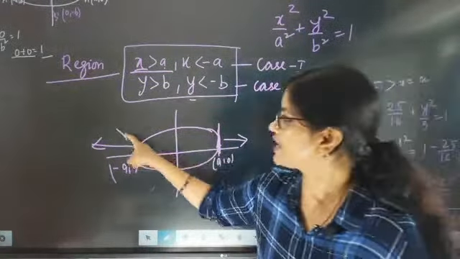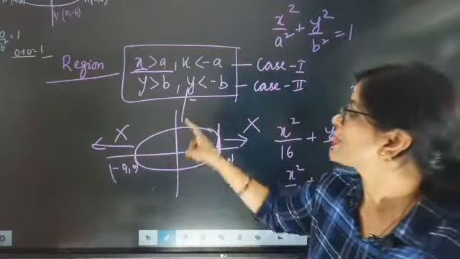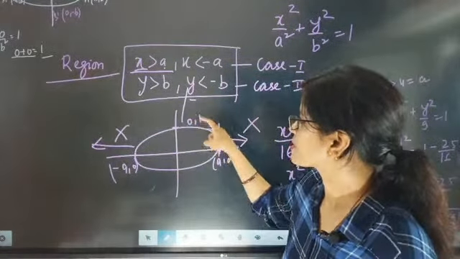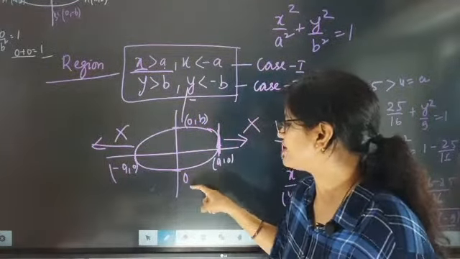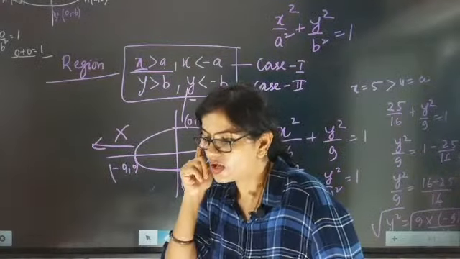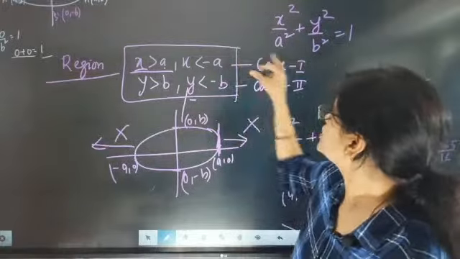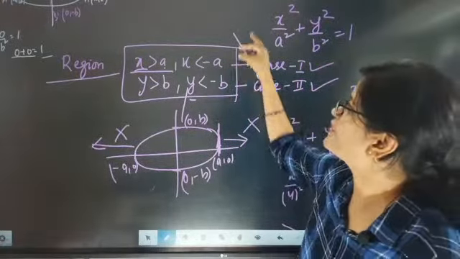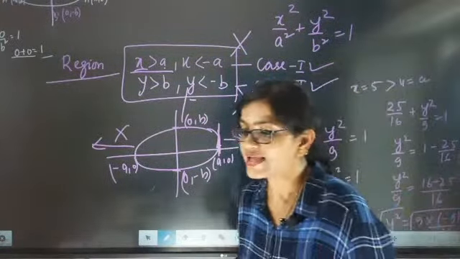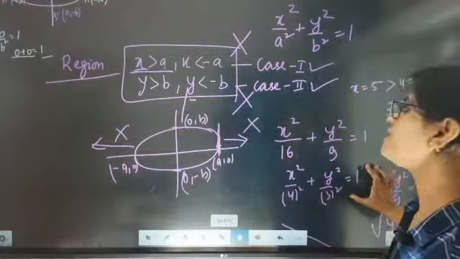We cannot take any value of y greater than b or less than minus b. So these two conditions are strictly prohibited. These two cases are never possible.